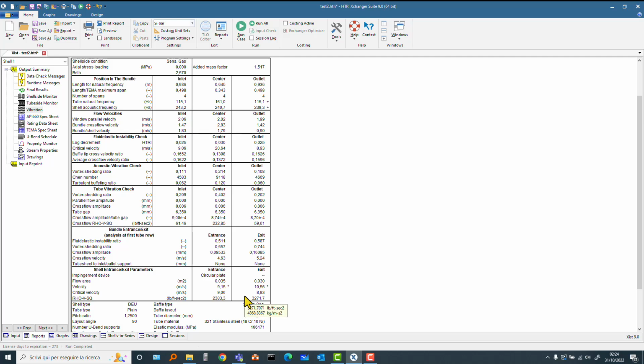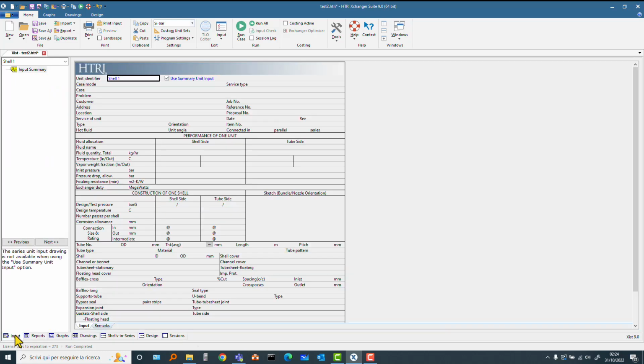So this is causing a risk of vibrations. There is a very simple way, since we have this problem only in the entrance and exit area, and we do not have this problem in the bundle or in the other parts of the exchanger. The simple way is just to come back to the input, not the input summary, but the summary unit.